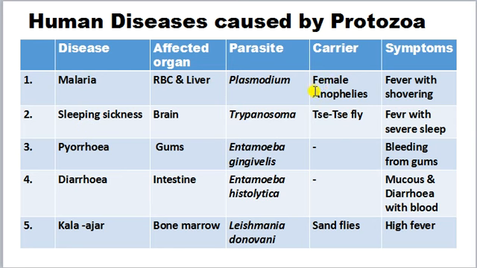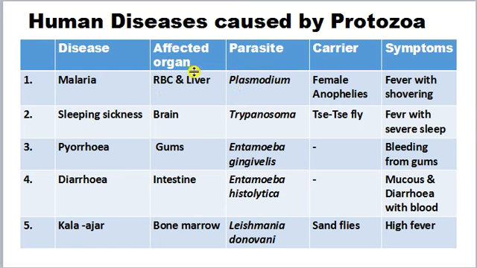So this is the carrier, the female Anopheles. This is a mosquito which transmits the Plasmodium parasite to the human being. If we say Plasmodium, that is a parasite which affects human beings during malarial infection, and this Plasmodium parasite completes its life cycle in 2 organs.